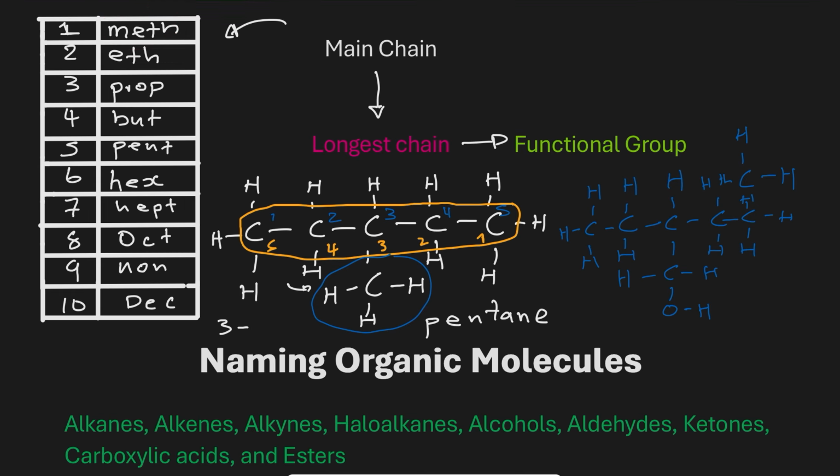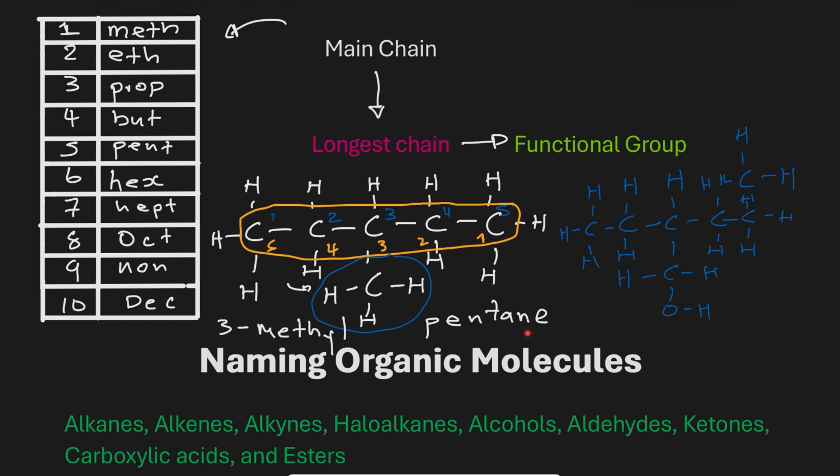So you're going to say now you have 3 methyl. So now if you look at the branch, you must change the ending to say now it is methyl. So we're going to have 3 methyl, but now remember the longest chain is what? Is pentane. So the whole name of this organic molecule is going to be 3 methyl pentane.